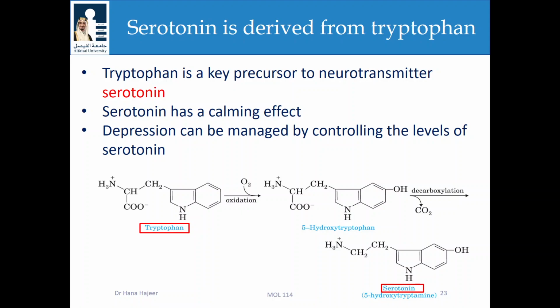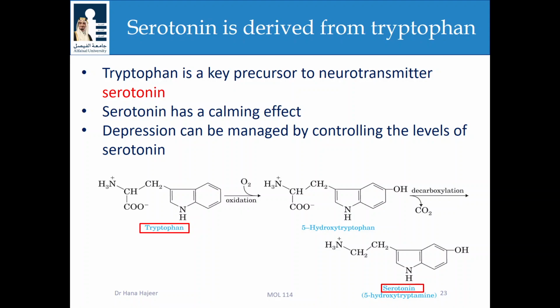Serotonin, okay? So you don't need to know this information, don't worry. At this stage, just remember that tryptophan is used in our body to make the happiness hormone serotonin, and persons with depression are treated by drugs that raise their serotonin level.